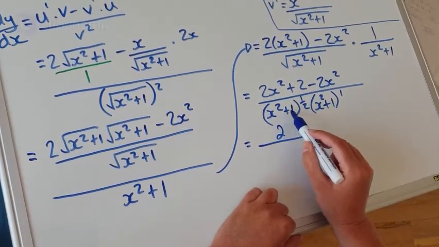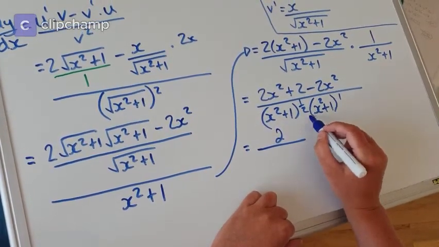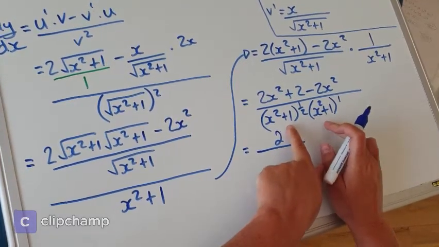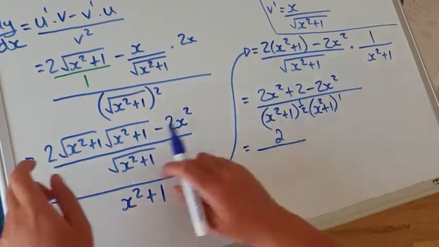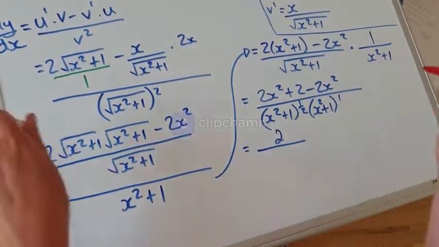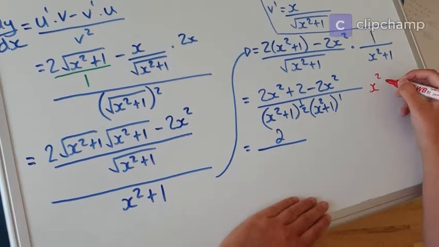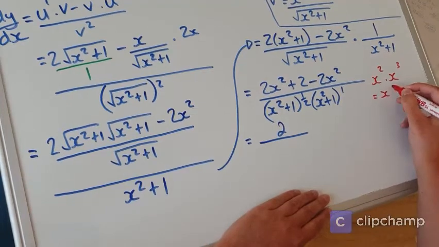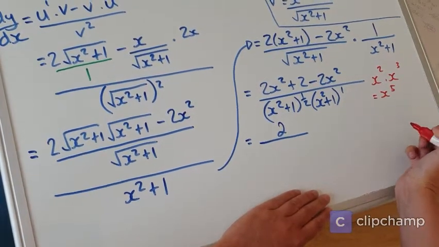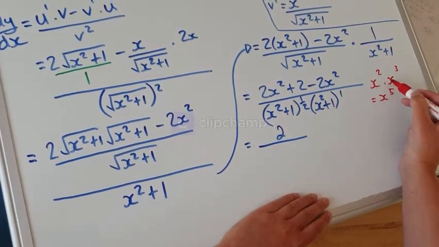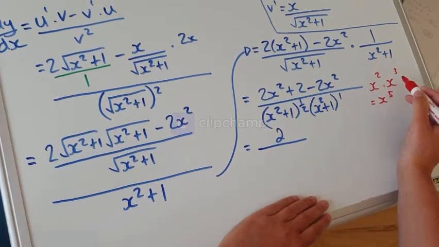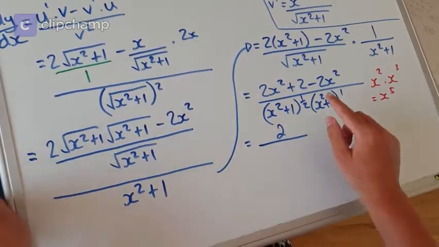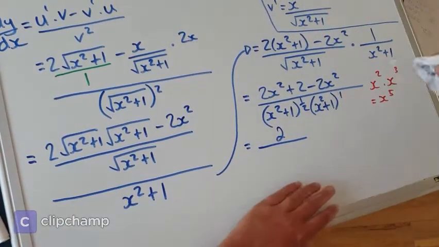I've got a bracket to a power times the same bracket to a different power. Because they're both in the same base, for example, if I had x to the 2 being multiplied by x to the 3, that would become x to the 5, wouldn't it? Using my rules of indices. They're both in the same base of x, so you can add the powers. Well, these two are both in the same base of x squared plus 1, so you can add the powers here.